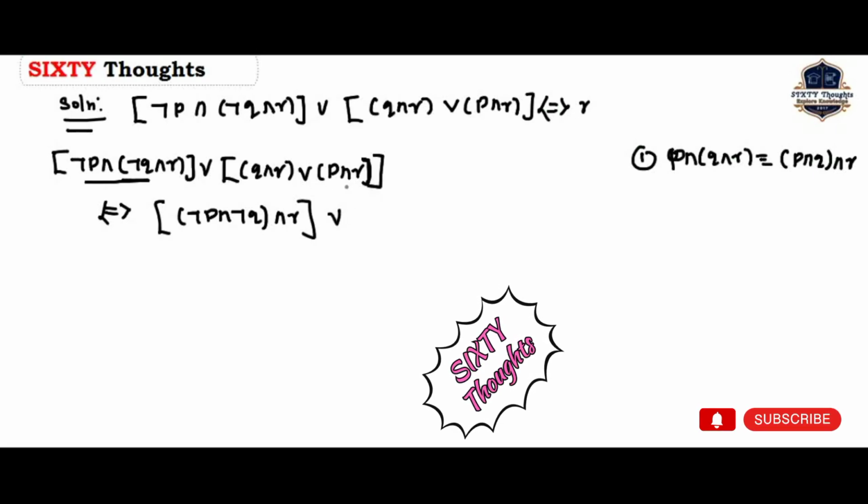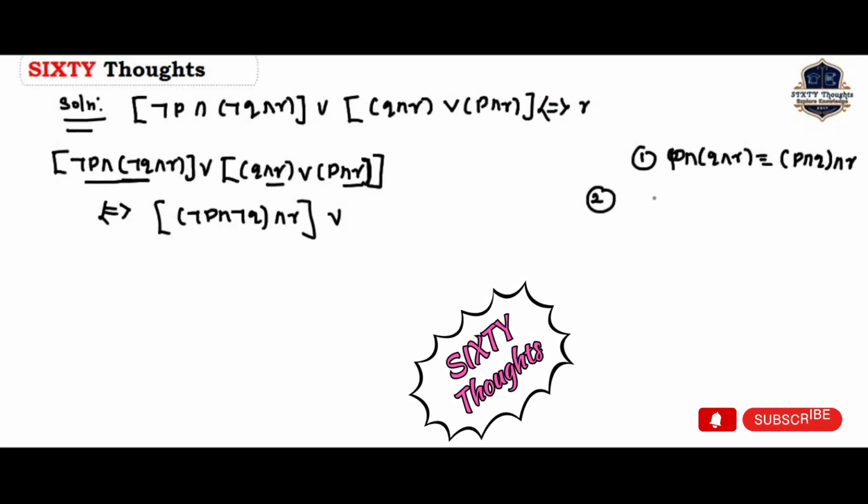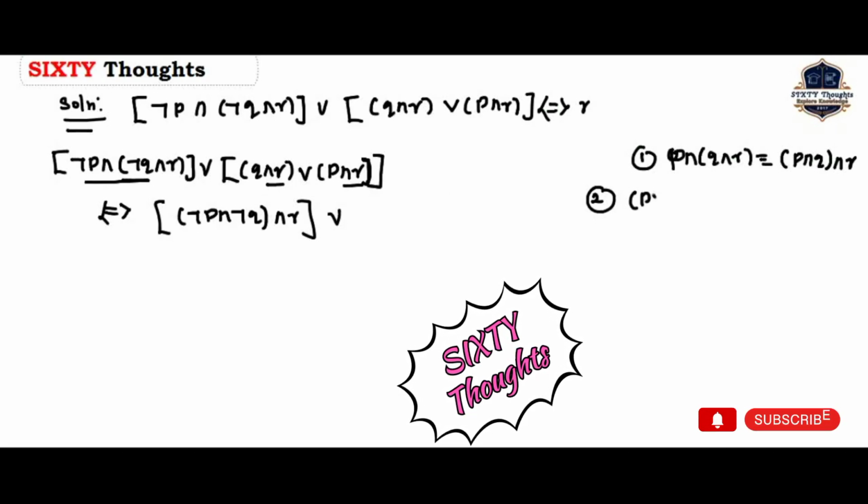Here I am going to apply the distributive law, and R is common. What is the distributive law? For this term, P or Q and R is equal to P and R, P and Q and R. Here we have the right hand side term of the distributive law, and I am going to write the left hand side value.